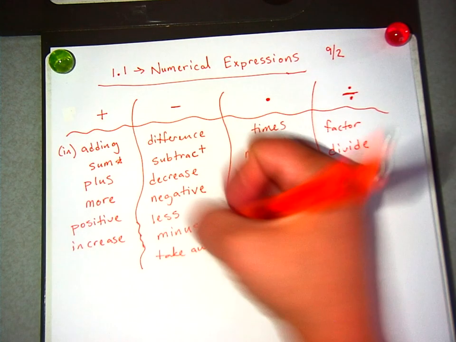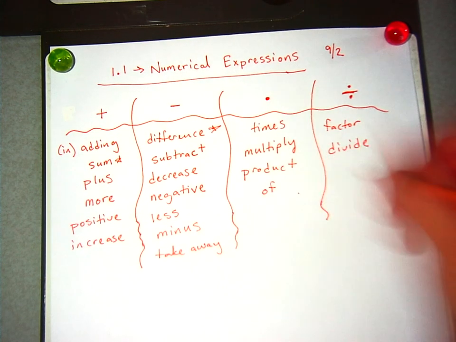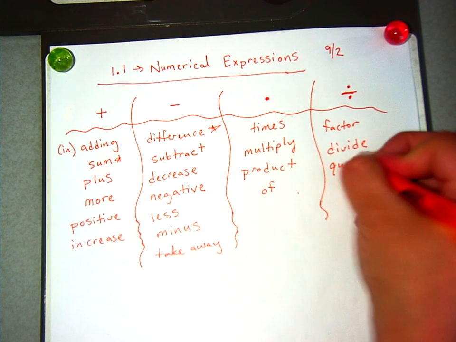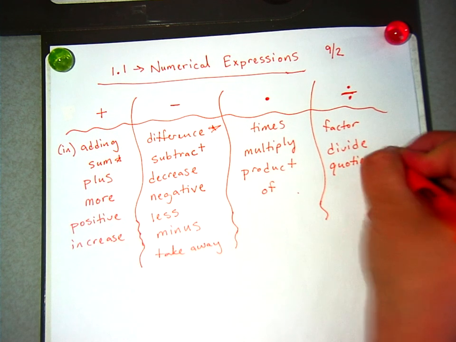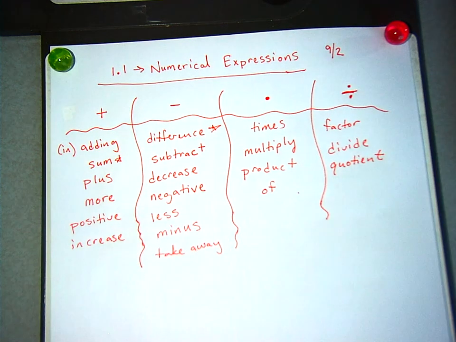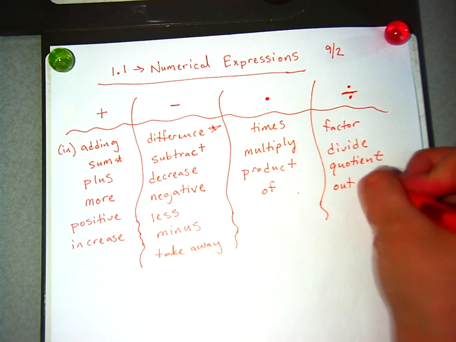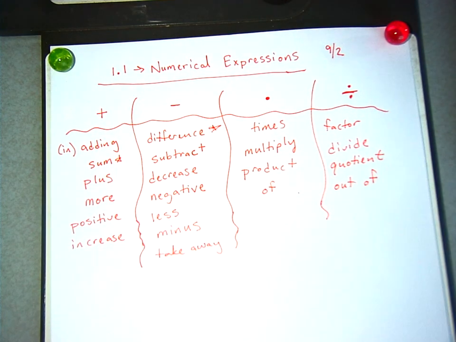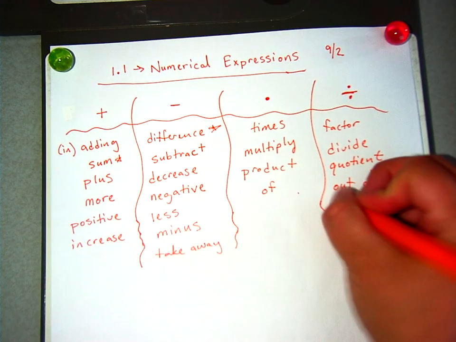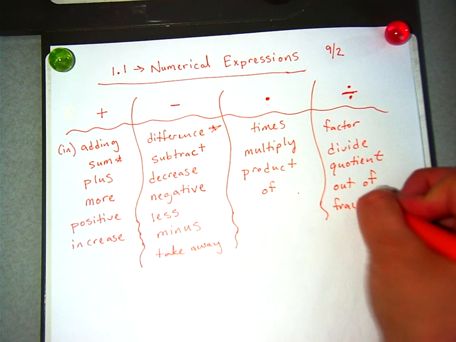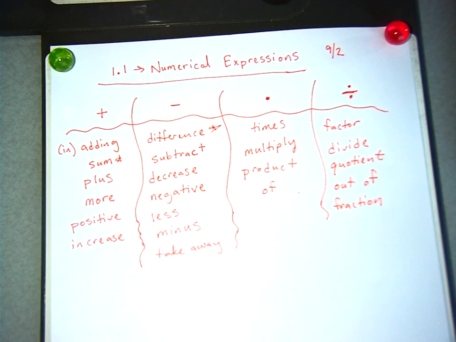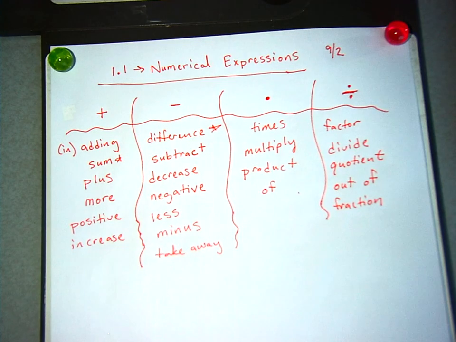We have, yes, quotient. I'm going to write here out of. If I have 6 out of 10, that's a division sign. I'm also going to write the word fraction here because a fraction is a dividing sign. Are you guys aware of that? Like 3/4 is 3 divided by 4? Okay.